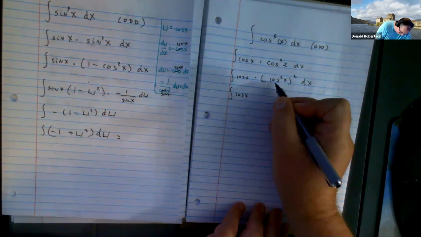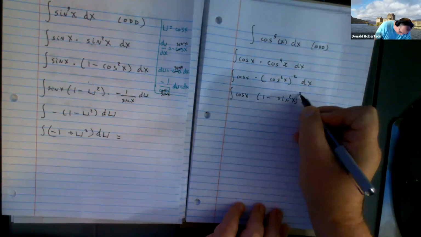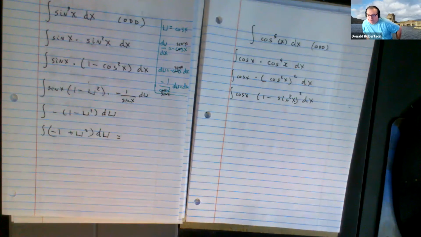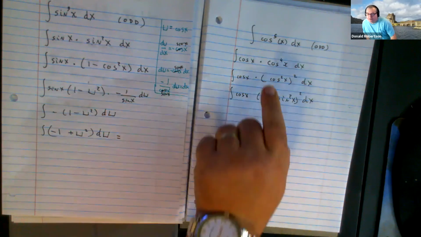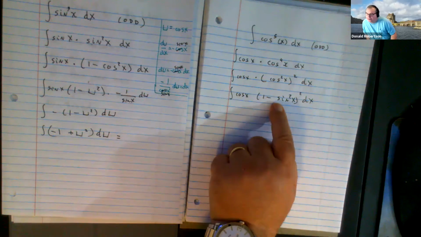And cos squared will become 1 minus sine squared. Did you see the algebra that I've been using to convert this cosine into a single cosine with some sine stuff?